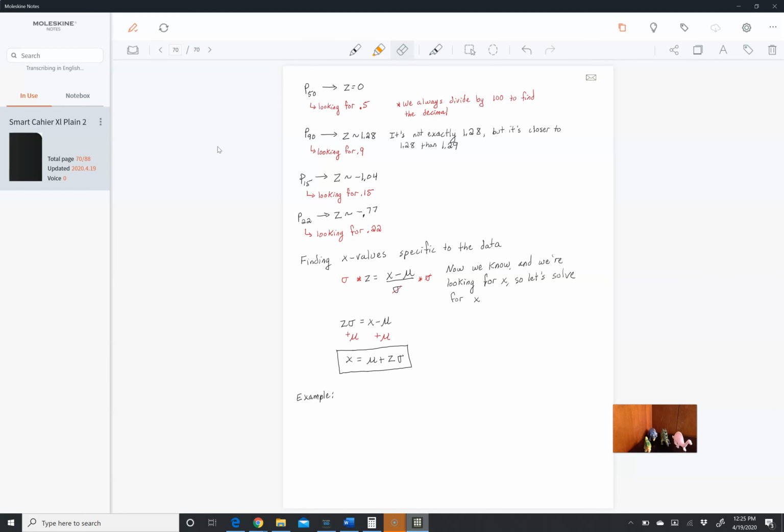A clinic records the weights of cats, and it's normally distributed. So every problem that you see has to say it's normally distributed, because if it doesn't, none of this applies. If I forget to write it for some reason, obviously we're talking about normal distribution, so you can assume it, but you need to see it, okay?